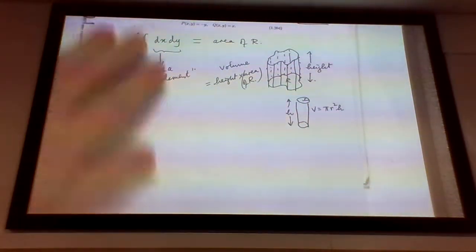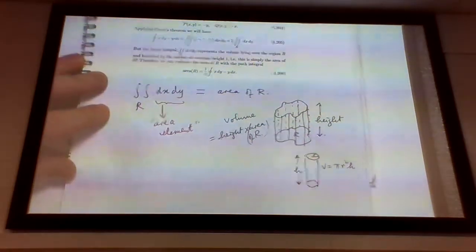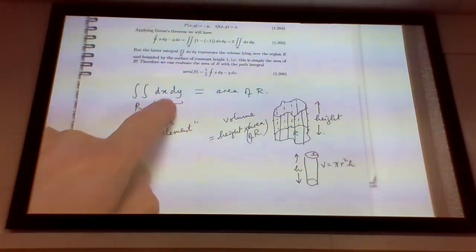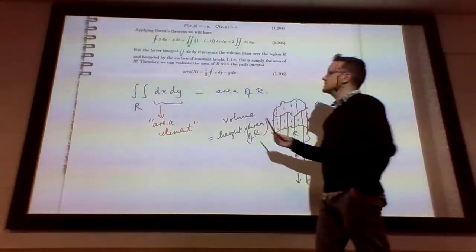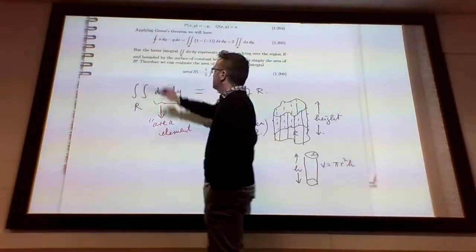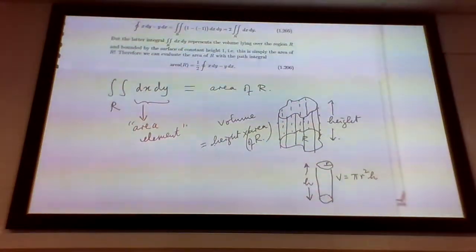So what we can do, and what it lays out here in the notes, is we think about how we could obtain this kind of thing as a result of applying Green's theorem. And it can come about in many ways. One of the ways is if we integrate this linear differential form, x dy minus y dx.